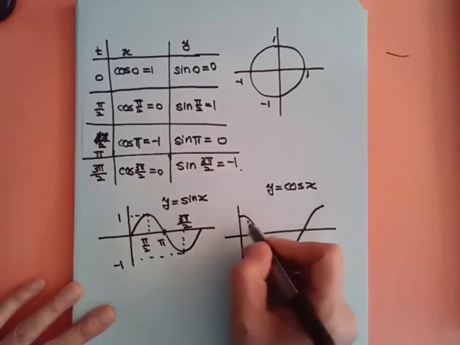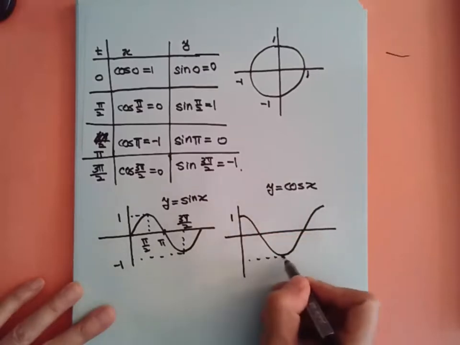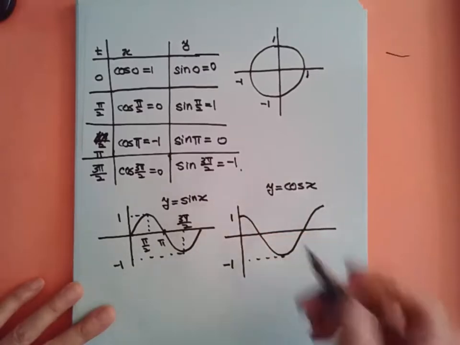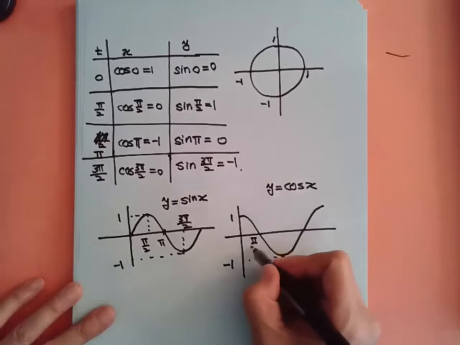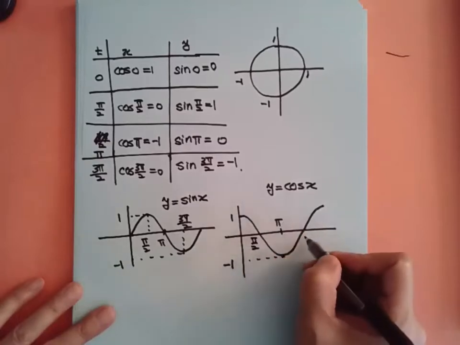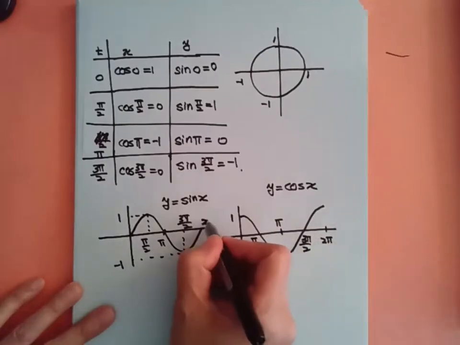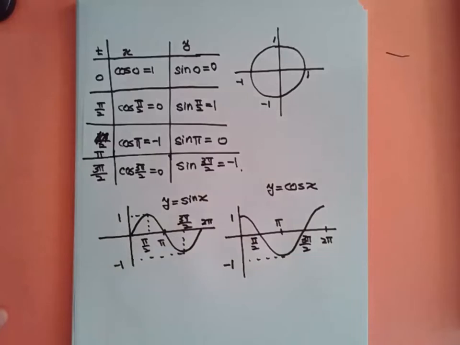It looks like this. It starts at the maximum and then continues with an obvious wave pattern. And I use that to evaluate this table.